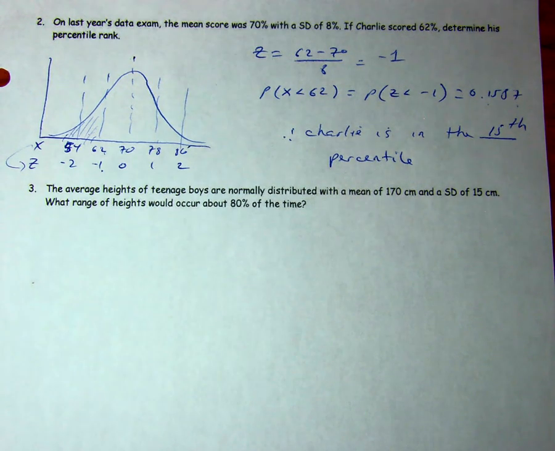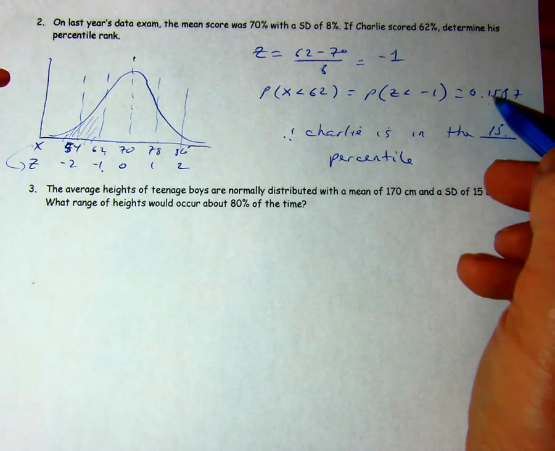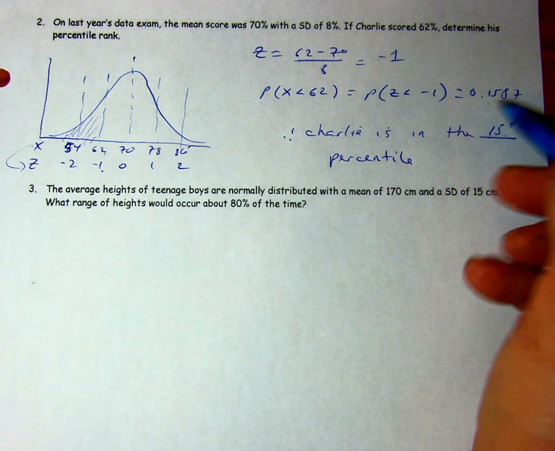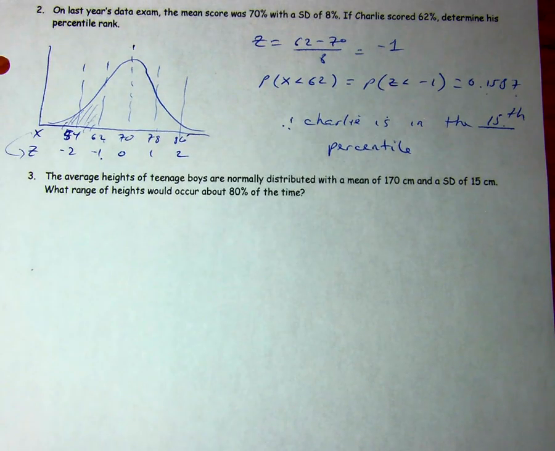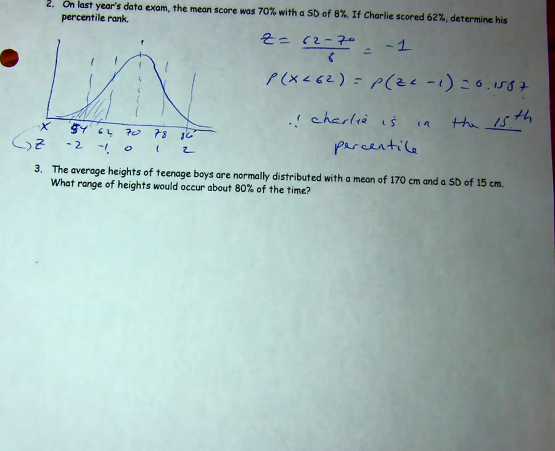The first percentile goes from 0 to 1. The 15th percentile goes from 15 to 16, right? So he's in the 15th percentile. That's what percentile means. Normally when I teach this part of the course, we've already done the stats part of the course, so I haven't taught that yet, but that's what percentile means.